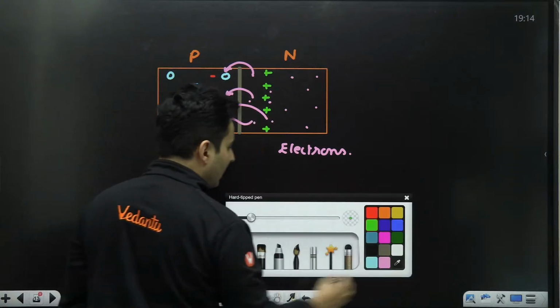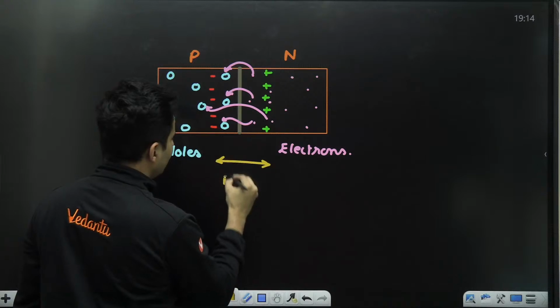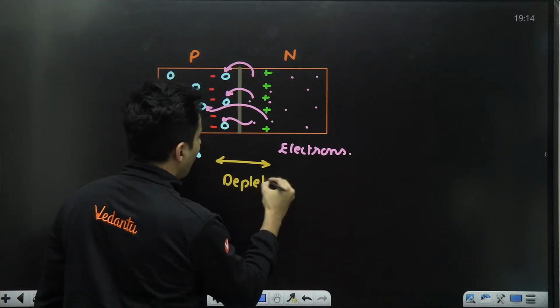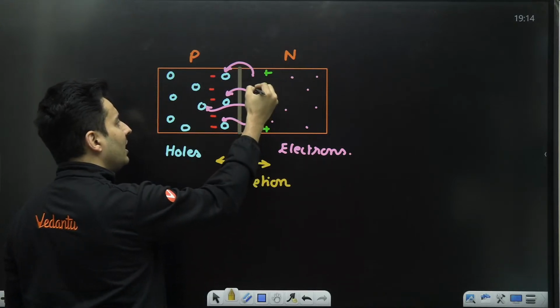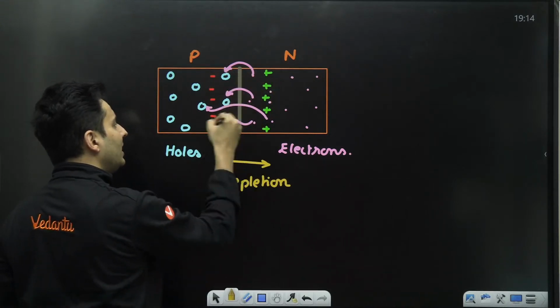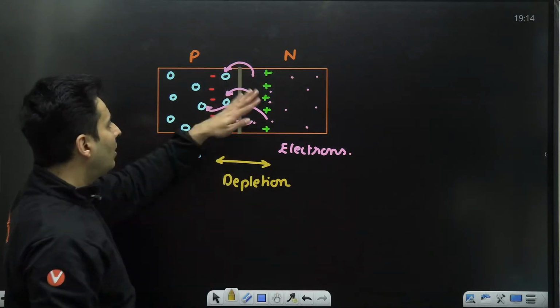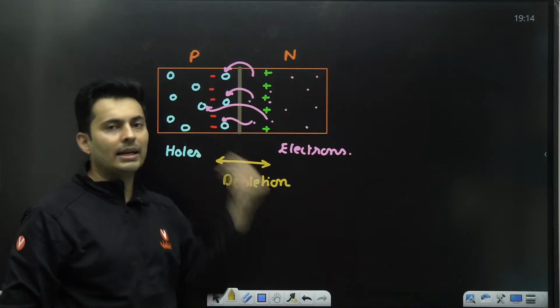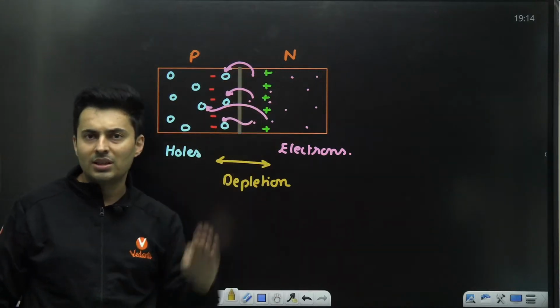So this zone is called the depletion region. Why depletion region? Because whatever electrons were here, they moved on to this side. They covered up the holes. So they have depleted the holes and depleted the electrons, thereby creating a charge on both sides.